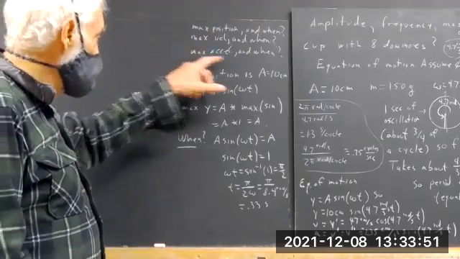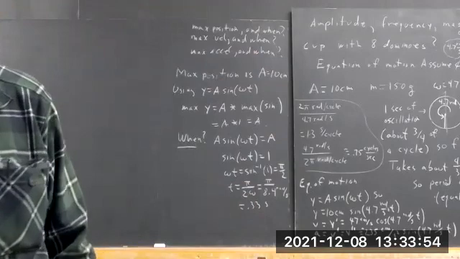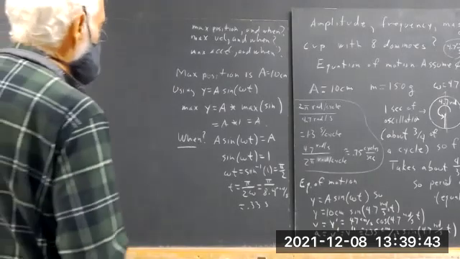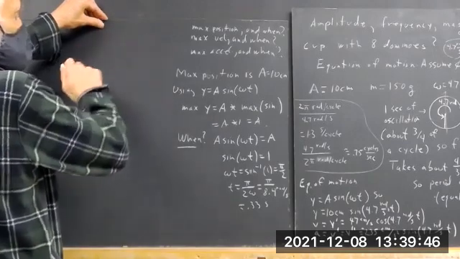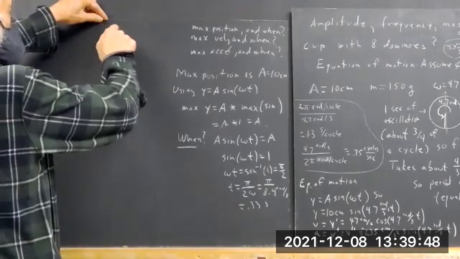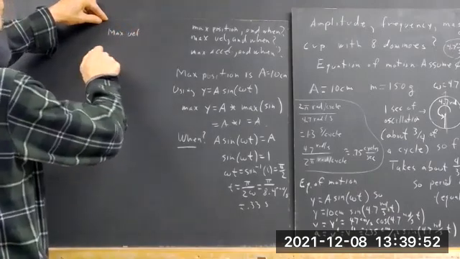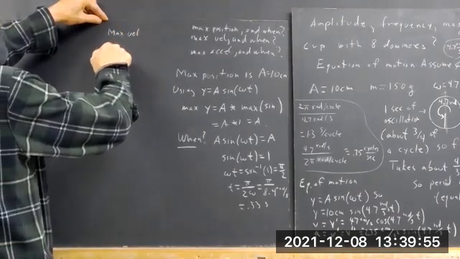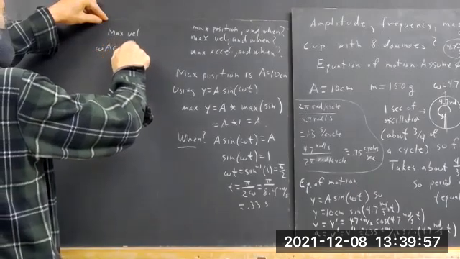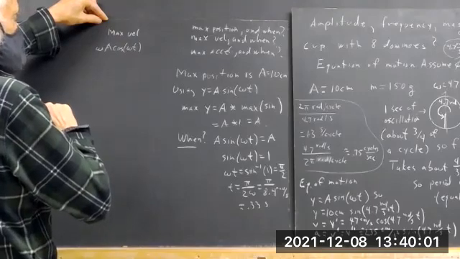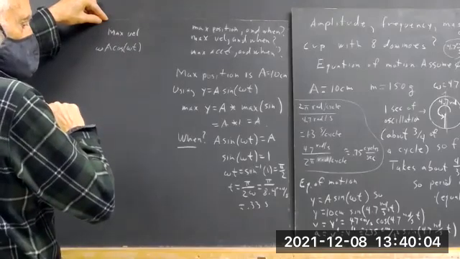Now, to get the maximum velocity when, maximum acceleration when. Looks like everybody's pretty well on track, I think. For maximum velocity, you have omega A cosine of omega t.